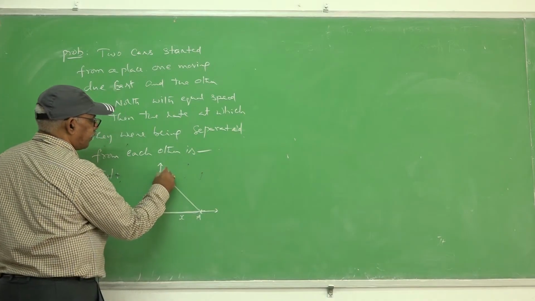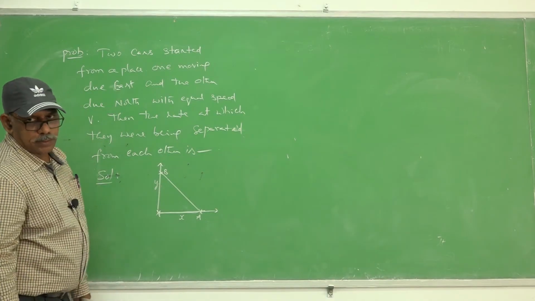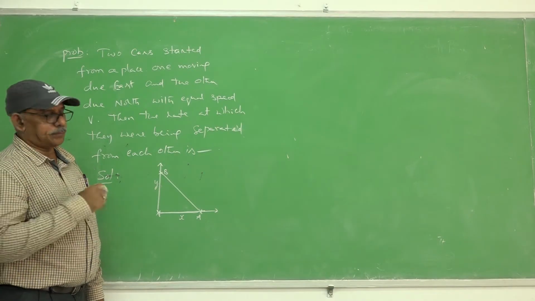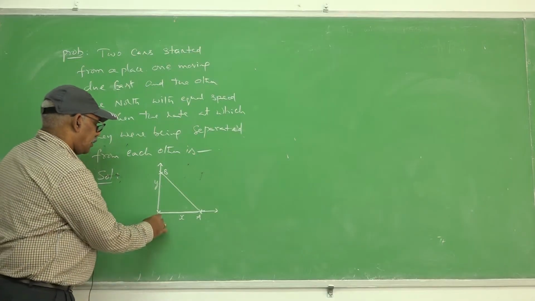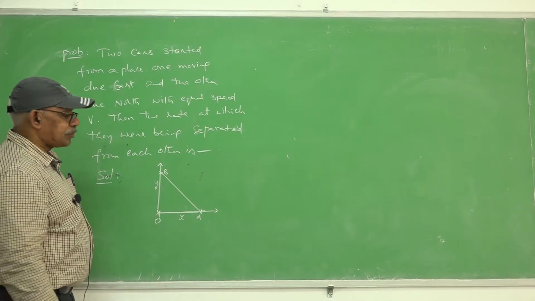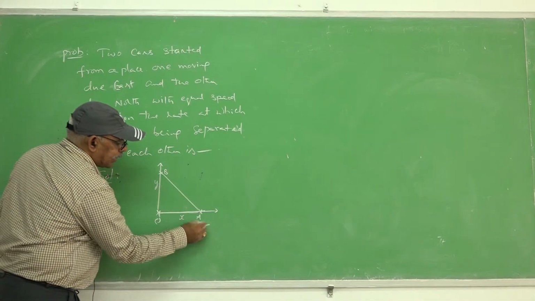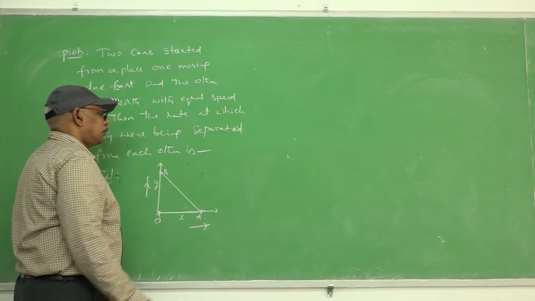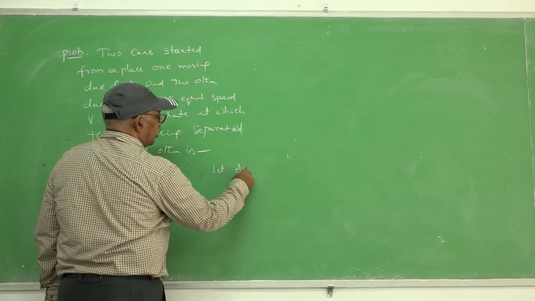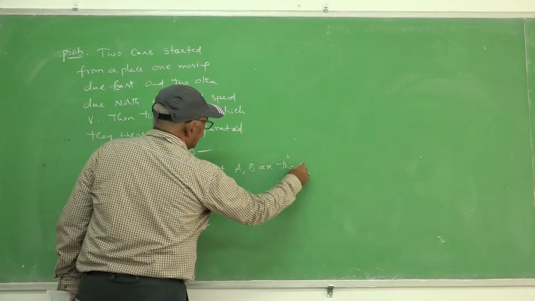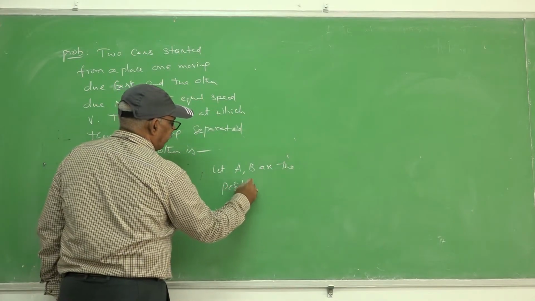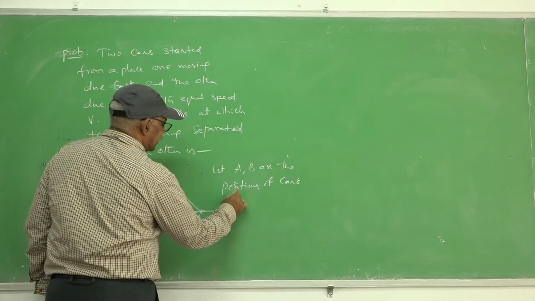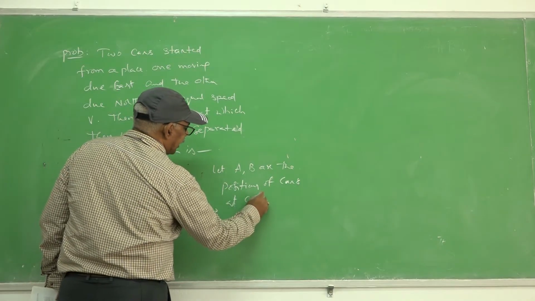Let A, B be the positions of the cars at a certain time t, such that OA is x and OB is y.